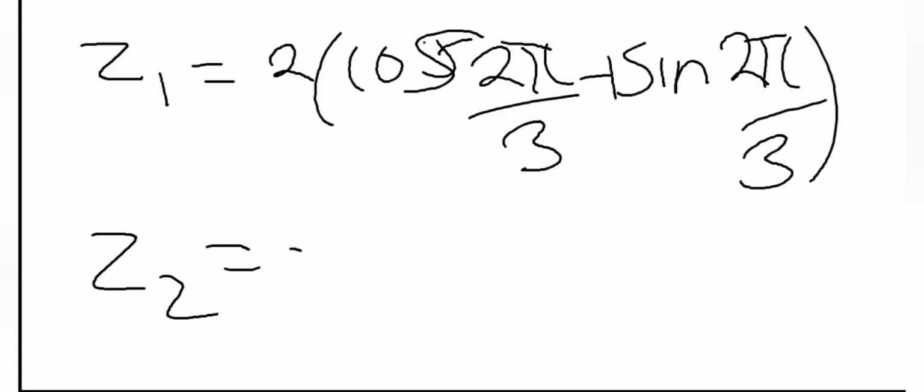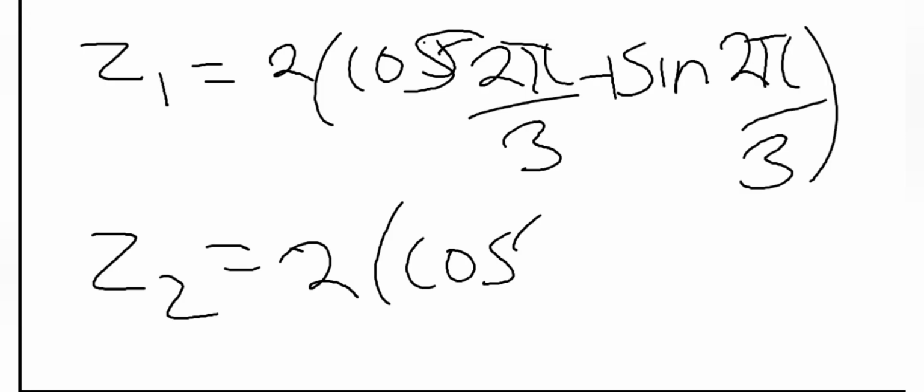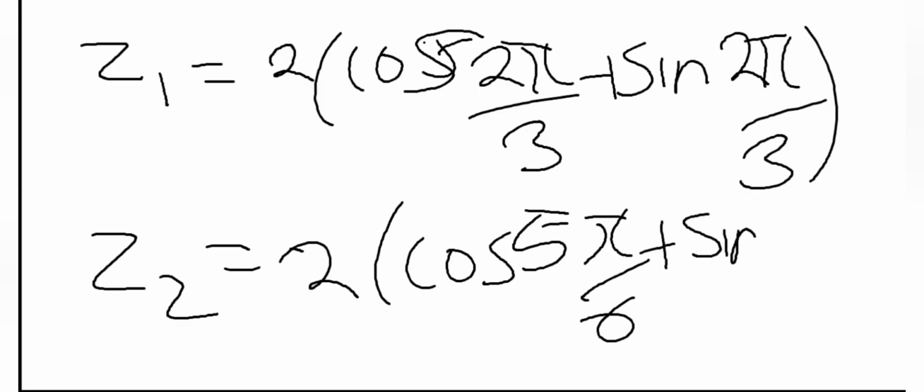And z2 is 2 cos 5 pi over 6 plus I sine 5 pi over 6.